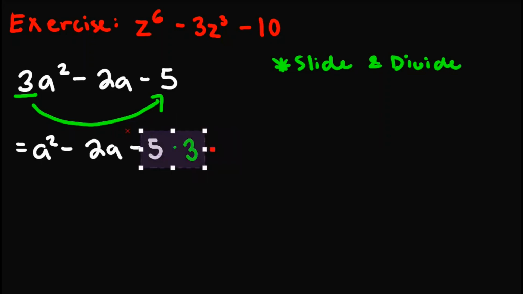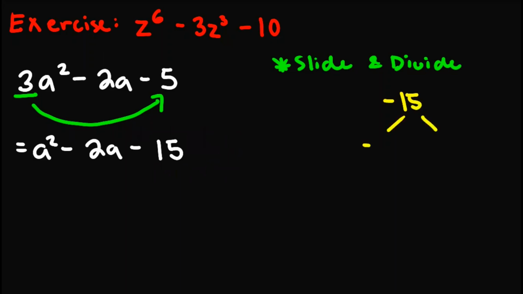And simplified, this one is equal to minus 15. And now we can apply again the trick that we did a while ago. So focusing on this one, we'll have negative 15. Listing out its possible factors, we have negative 15 times 1 or 15 times negative 1.